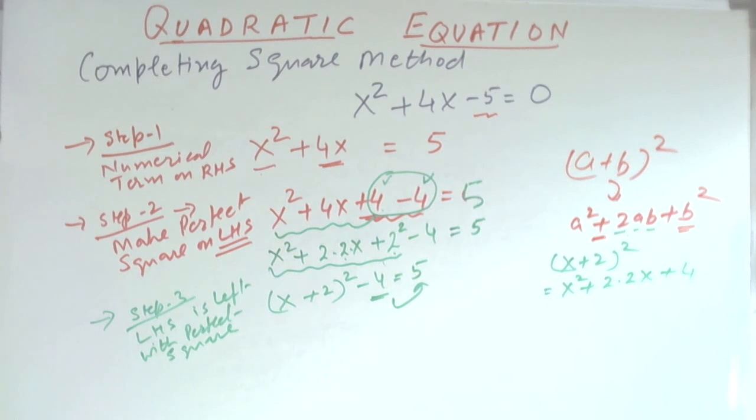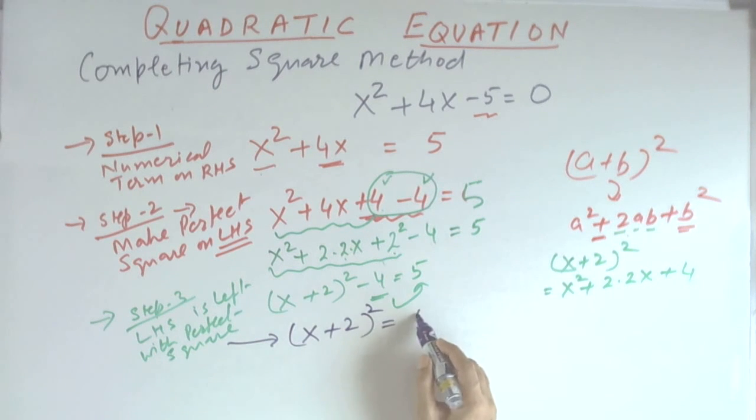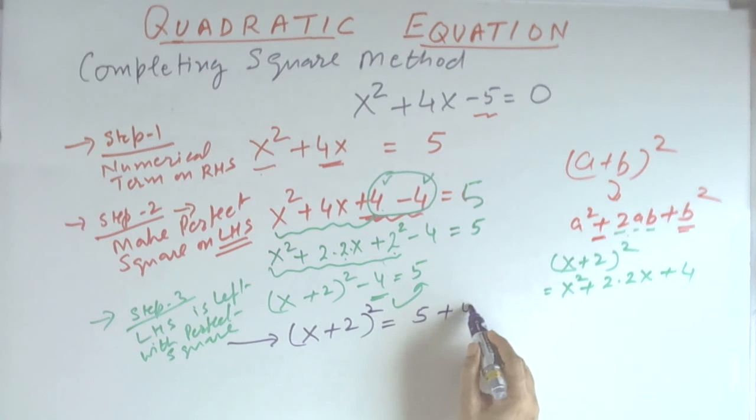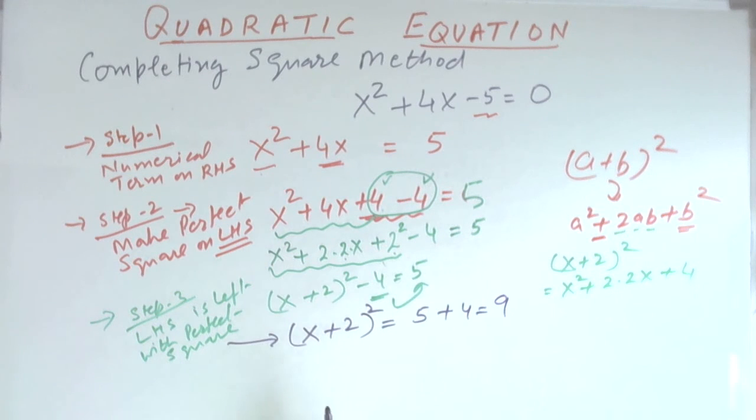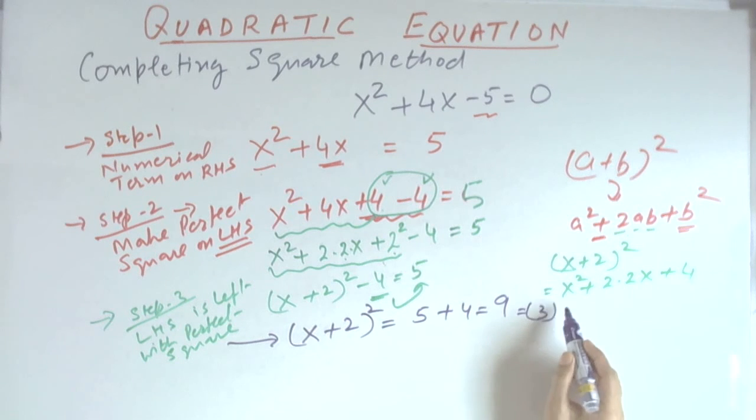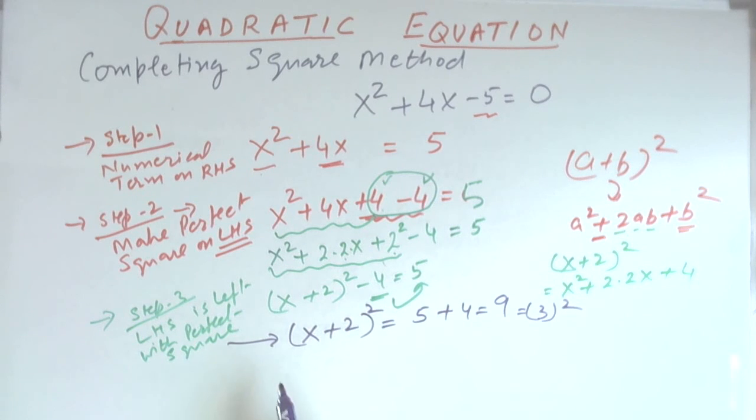So this will become x plus 2 square equal to 5 plus 4, or equal to 9, which means equal to 3 square. So this is what we want to do in step 3, that we want a perfect square on the left hand side.